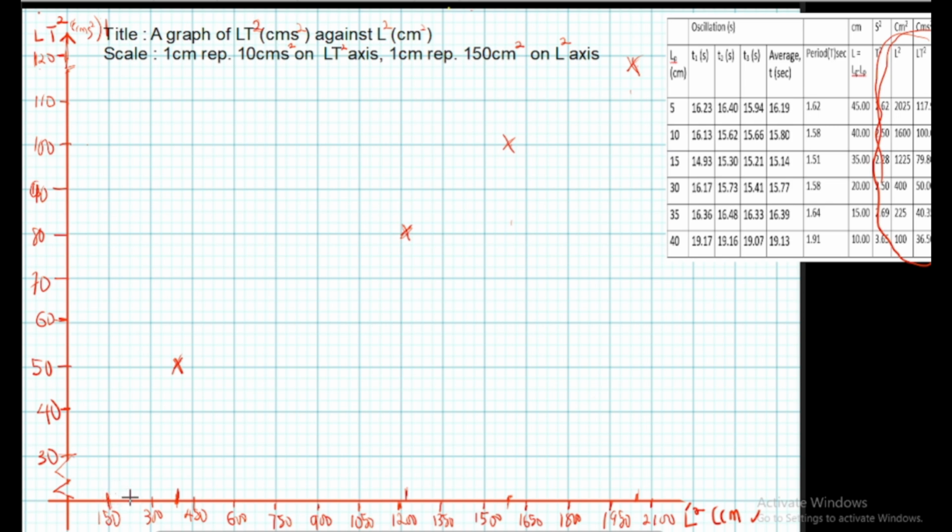If you add another 30, you're going to have 210. And if you add 30 again, that should give you around 240. All right. So 225 should be between 240 and 210. So we can just mark somewhere around there.